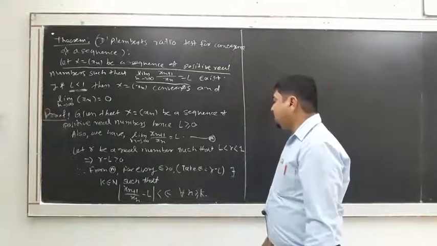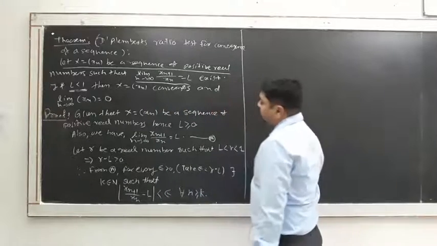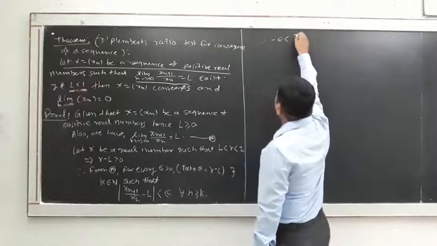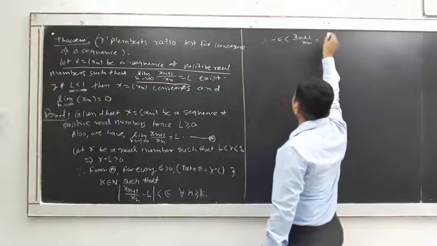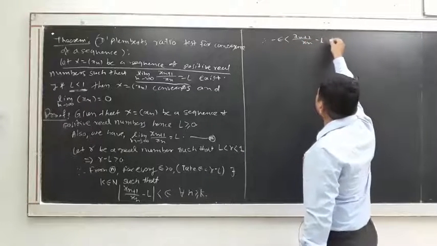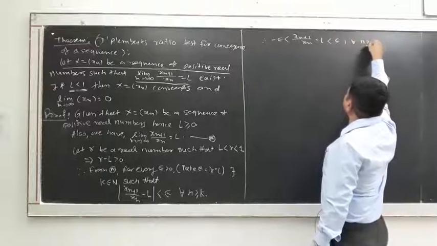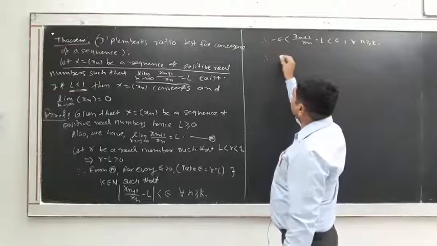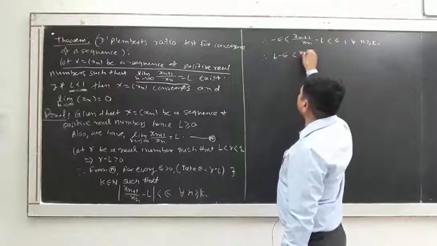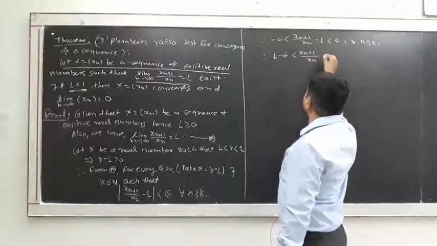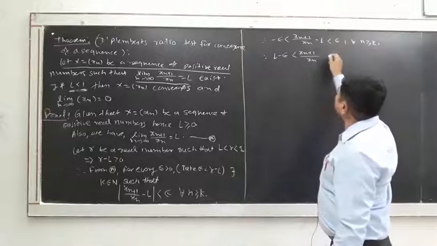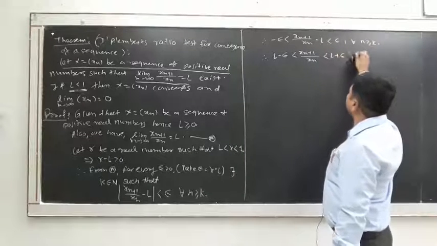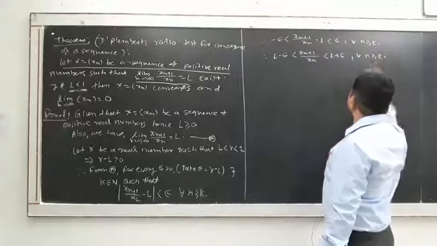Now use some properties of the absolute value function: minus epsilon is less than xn+1 upon xn minus L, which is less than epsilon, for all n greater than or equal to k. Again you can add L on all sides, so L minus epsilon is less than xn+1 upon xn, since minus L plus L gives 0, and this is less than L plus epsilon for all n greater than or equal to k.